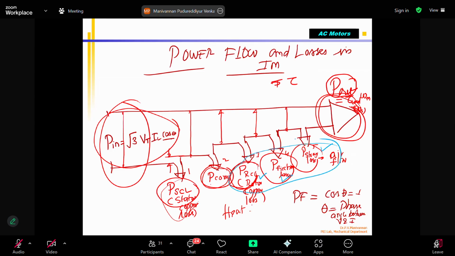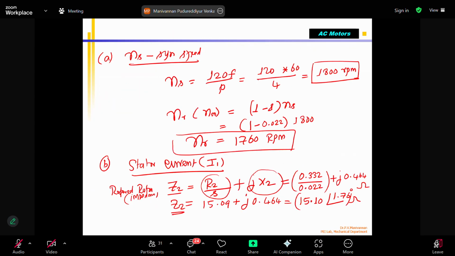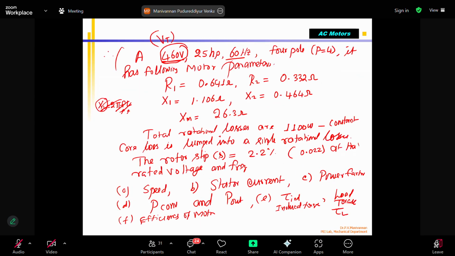These are combined together: the frictional bearing losses, stray losses, windage, wind movement, and any other losses, all the mechanical losses. In this problem, they said the core losses and all the losses are lumped together as 1,110 watts. All the losses in this problem are given.